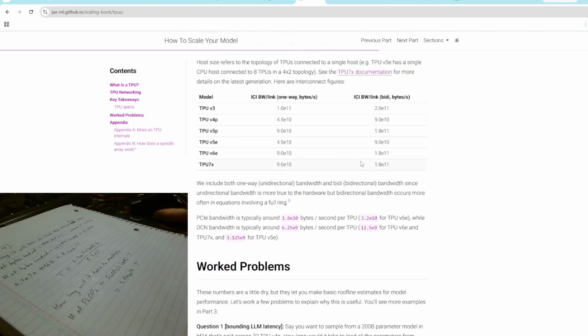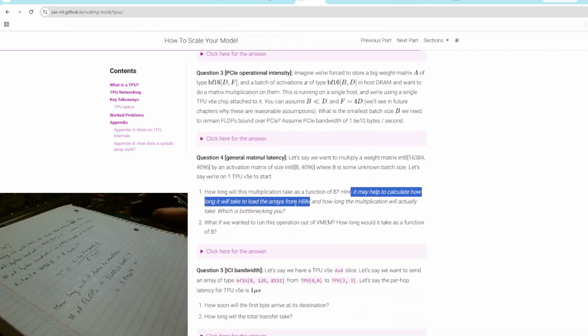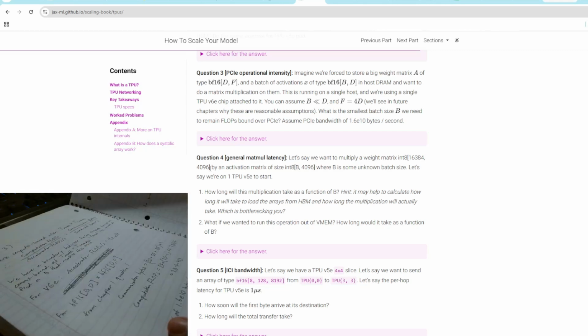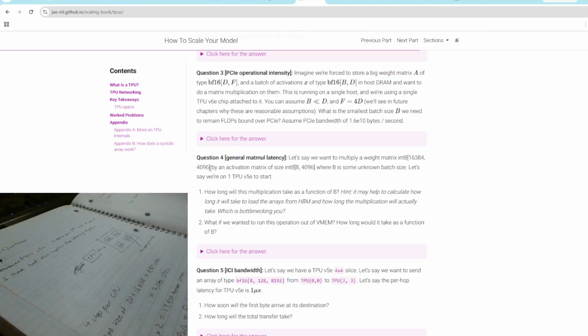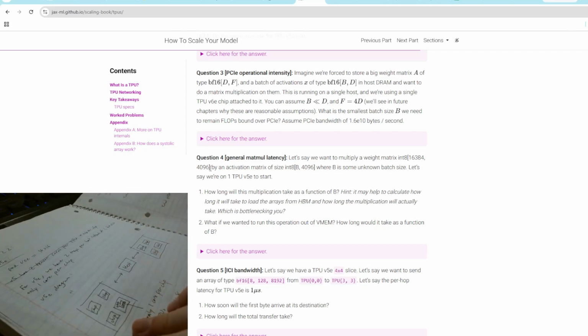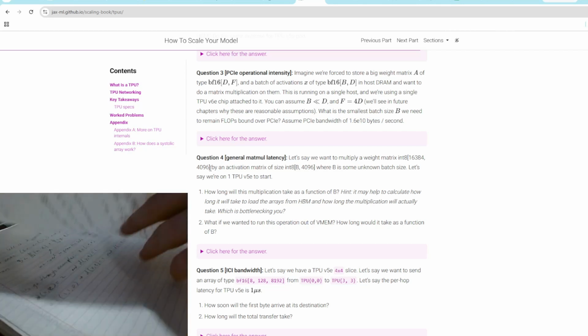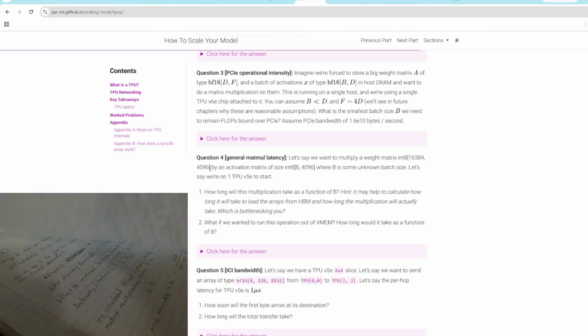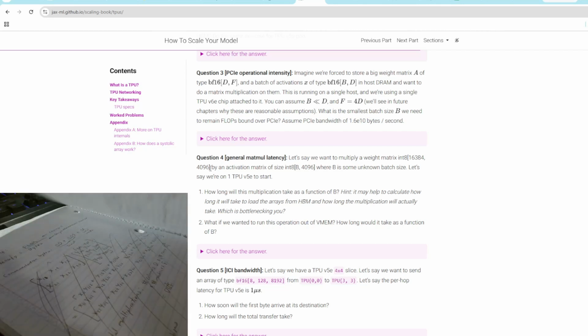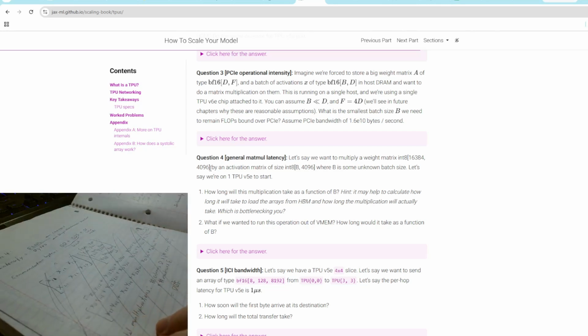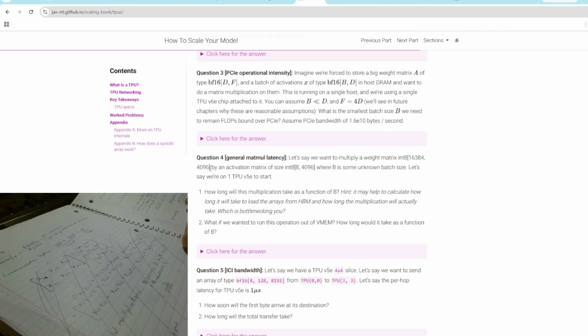And so we need to calculate that. So it should just be that same equation as before, where it's like 2BD minus 1 or something. Let me look at my previous notes to see what it was for the matrix equation. It's BF times 2D minus 1.